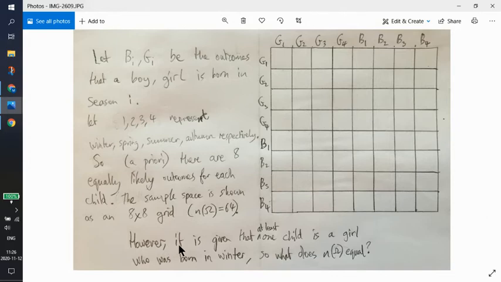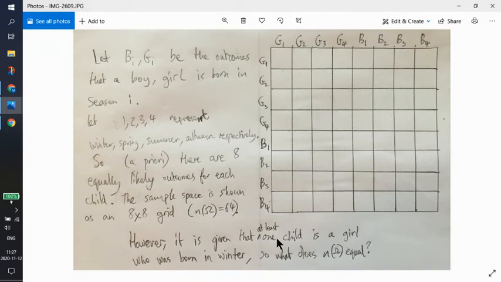It's given that at least one child is a girl who was born in winter. So with this given information, we don't have 64 outcomes anymore. You might want to pause the film a moment and think, how many outcomes do we have if we take into account this information? I'll just wait. 3, 2, 1.